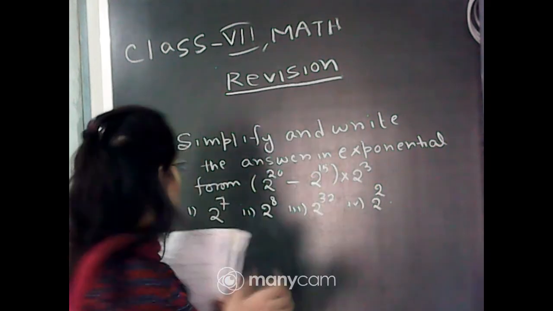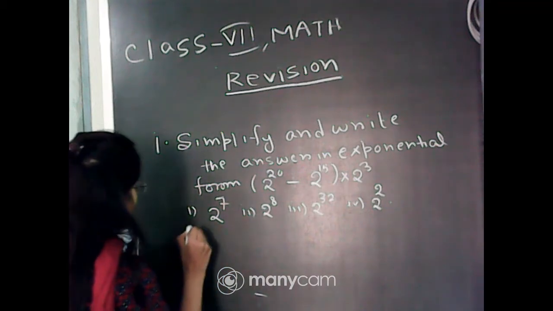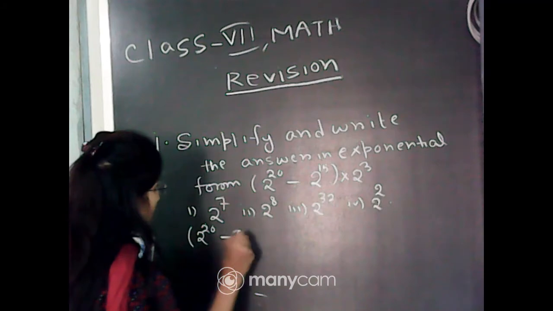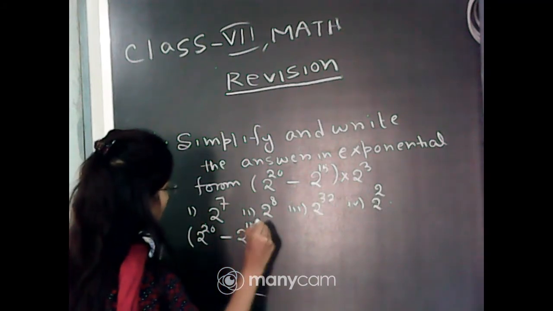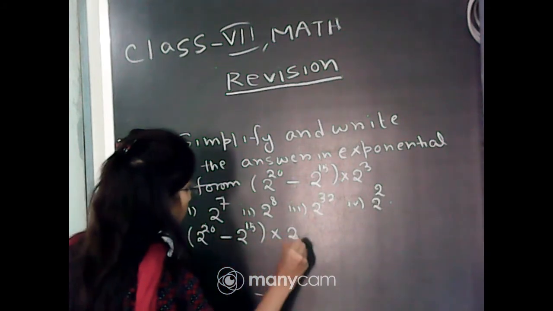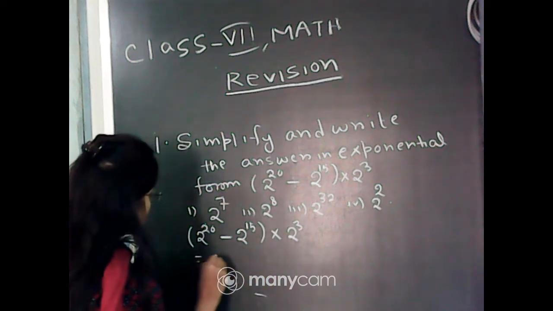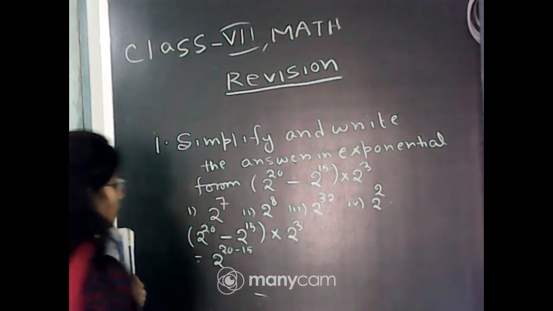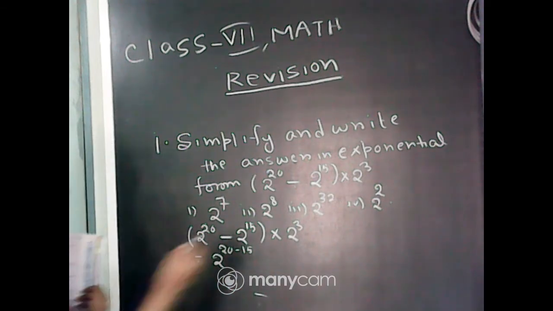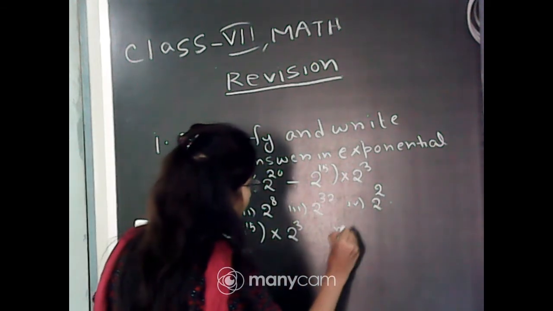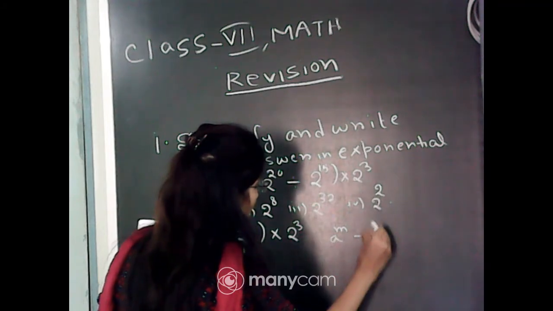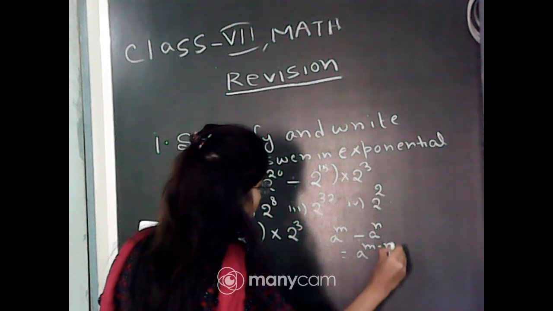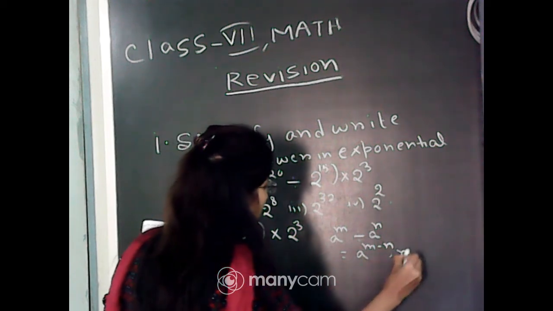Yes, option B, because 2 to the power 20 divided by 2 to the power 15 into 2 cube is equal to 2 to the power 20 minus 15. Since we have a to the power m divided by a to the power n is equal to a to the power m minus n, where m greater than n.